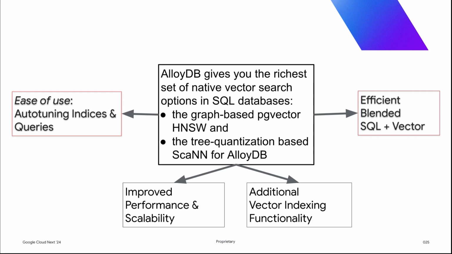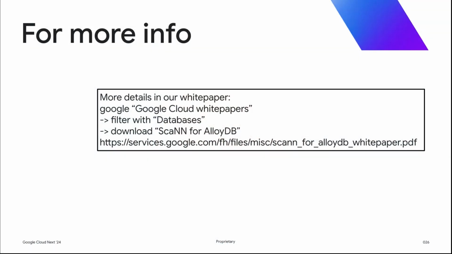This is part of our broader portfolio on improving performance and scalability and in providing additional vector indexing functionalities. I hope that I had a chance to give you here a taste of the AlloyDB vector indexing portfolio and in particular of our Scan for AlloyDB newest release.